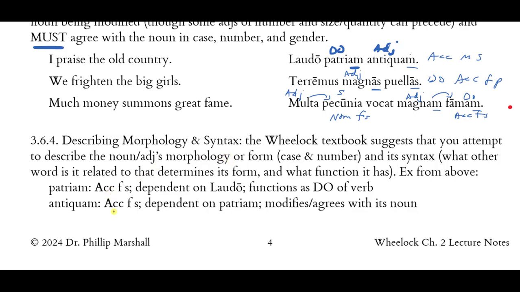Antiquam is an accusative feminine singular adjective. It's dependent on patriam because its relationship is one of modifying. It's an attributive adjective, and so it modifies the noun patriam, and therefore it has to agree with the noun patriam. Okay, so that's describing morphology and syntax. Hope that helps.